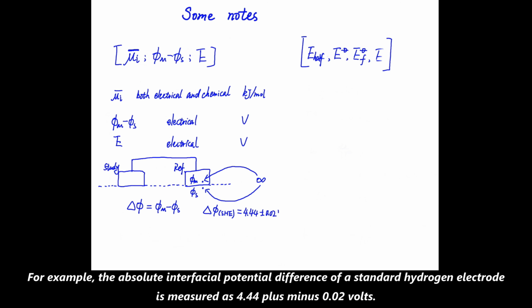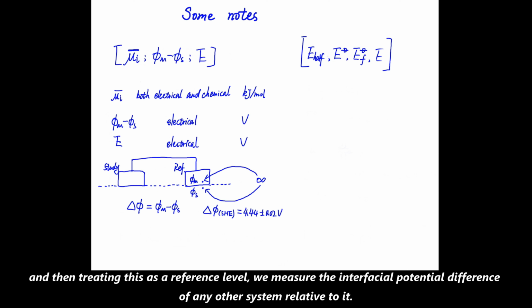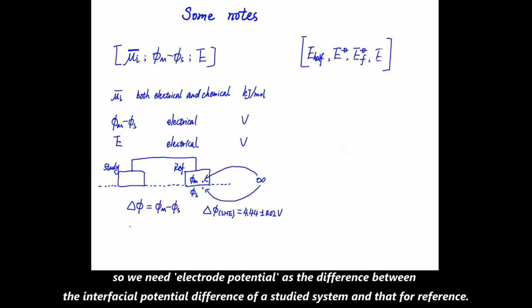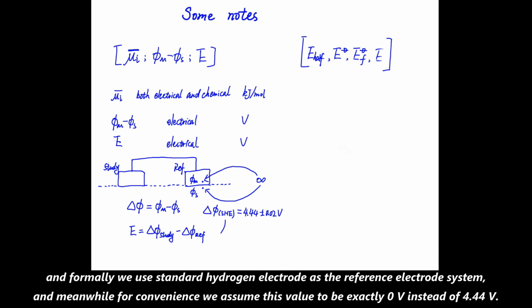And then treating this as a reference level, we measure the interfacial potential difference of any other system relative to it. So we define the electrode potential as the difference between the interfacial potential difference of a studied system and that of a reference. And formally, we use the standard hydrogen electrode as a reference electrode system.